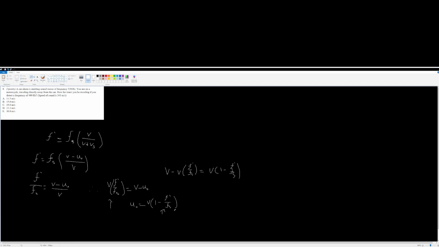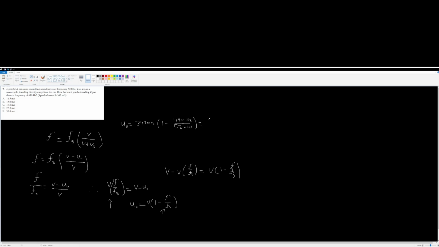So that's where this little part comes from on the right hand side. I simply distributed. So now that we have our formula rearranged, we can start plugging and chugging. So in this case, we're going to have U naught equals the velocity of the sound wave, which is 343 meters per second. And then all of that times 1 minus the frequency as you're experiencing, which is 490 hertz, divided by the actual source frequency, which is 520 hertz.